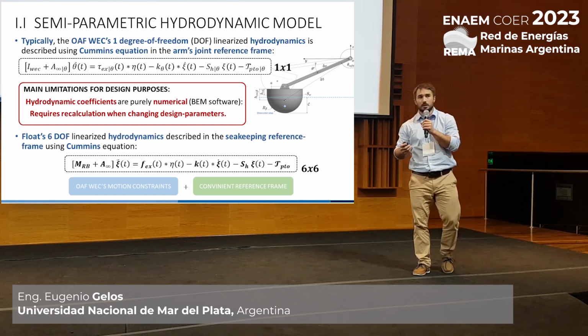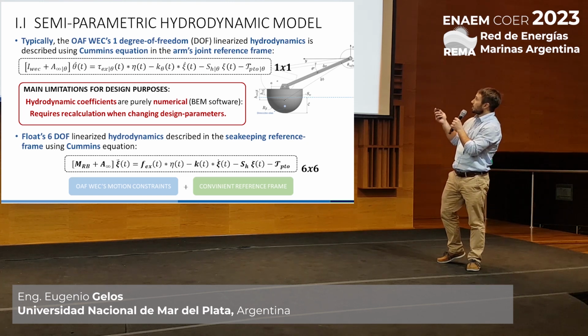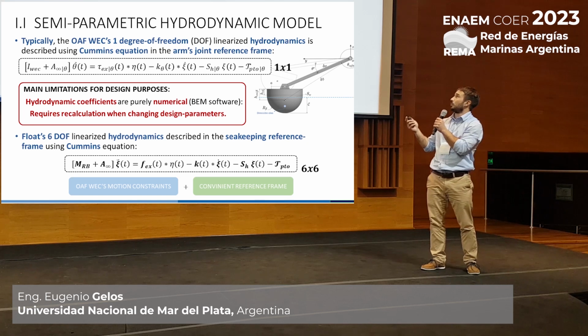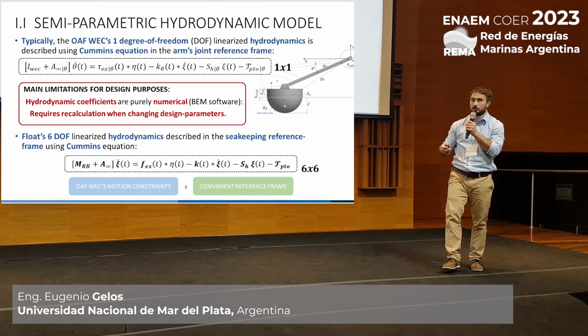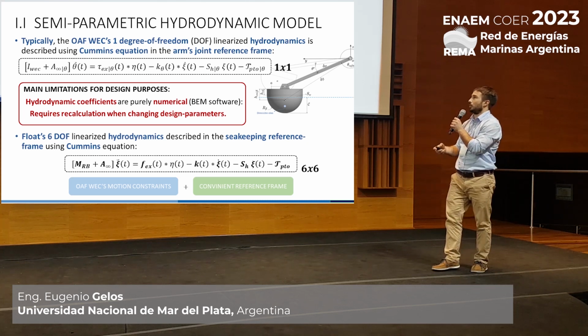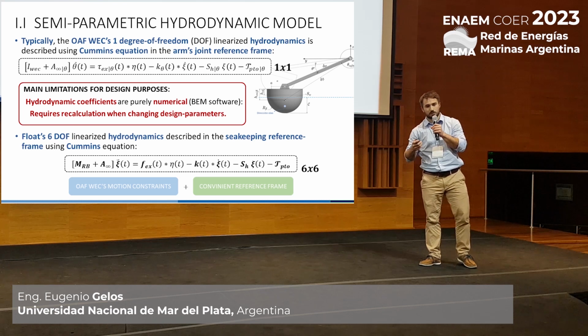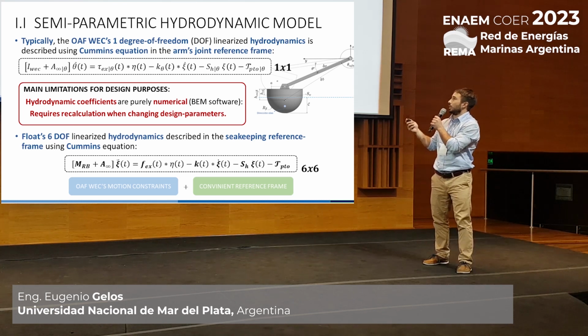Typically, the hydrodynamics of 1 degree of freedom OAF-WECs are described using Cummins equations in the arm joint's reference frame, which is located at the base of the arm. This is a one-dimensional equation in which the hydrodynamic coefficients are all purely numerical.